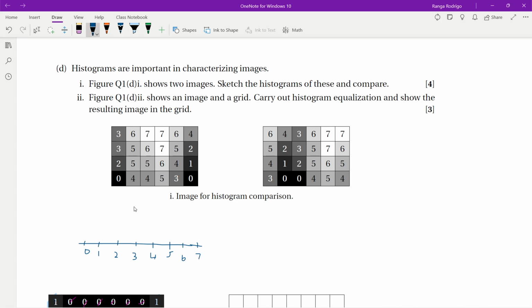So we just have to count. With intensity 0 we have just 2 pixels. With intensity 1 we have just 1 pixel over here.